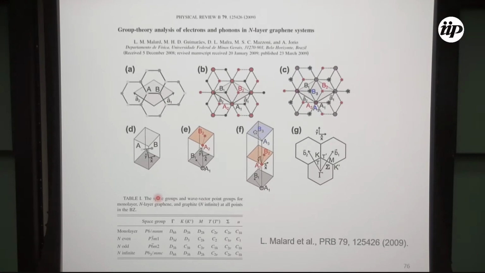If you don't have any translation, you can just go to the point group symmetry for the gamma point. And you go to other points, okay? You can go to the point group of those guys, okay?